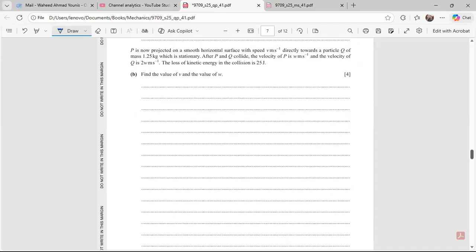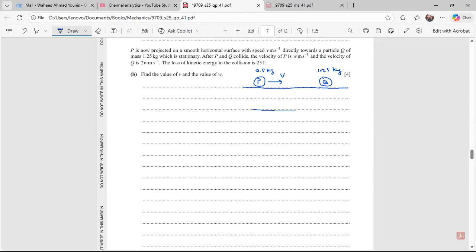It says the P, remember there is P, which is 0.5 kilogram. P is now projected on a smooth horizontal surface with a speed V. And there is another object whose name is Q, and its mass is 1.25 kilogram. I didn't write it properly, but I hope you can see. Its speed was 0.